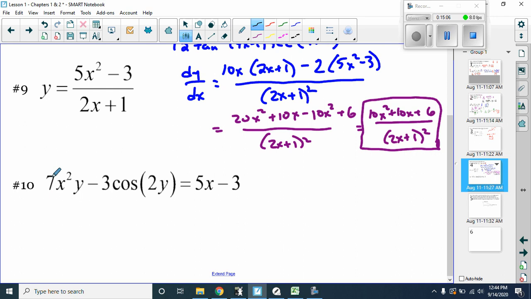So derivative of 7x squared y, that's a product. So we're using the product rule. Product rule is the derivative of the first one times the second one plus the first one times the derivative of the second one. The derivative of y is dy/dx.